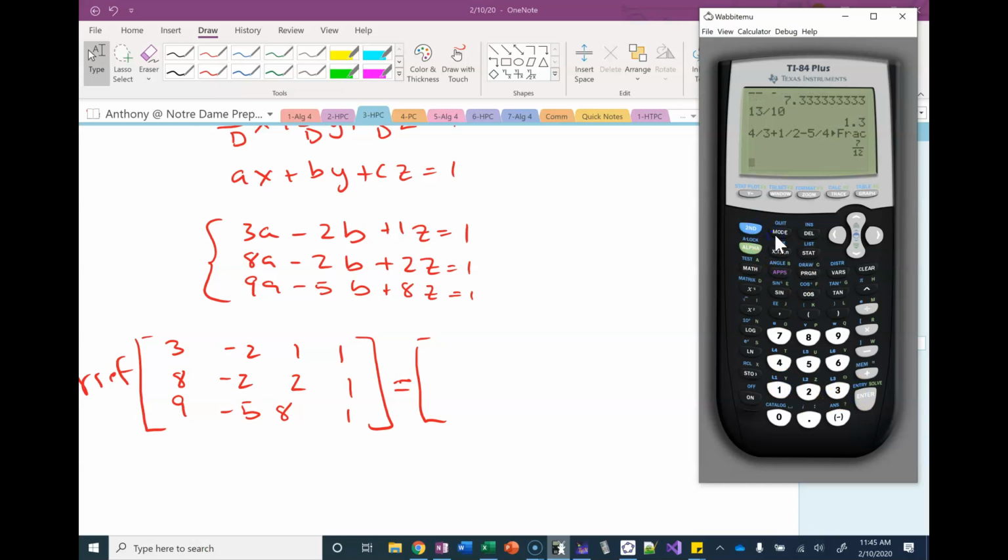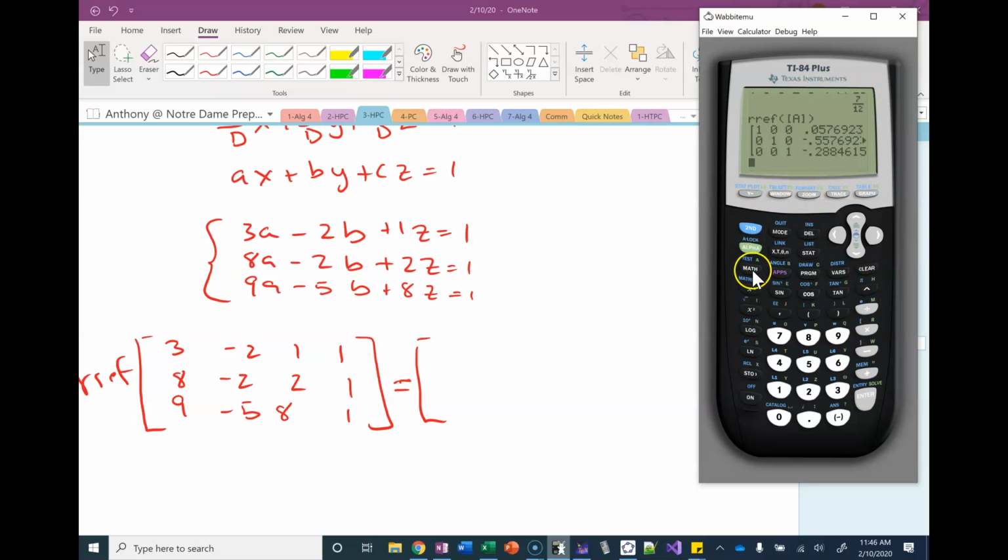I'll exit out of there. I'll go back into the matrix menu, but this time going over to the Math tab, scrolling down to the bottom till I find the RREF command, and then selecting that matrix A that we just made and using the RREF command on that.